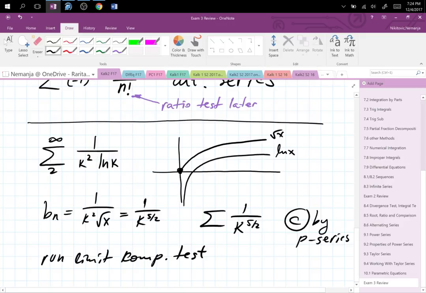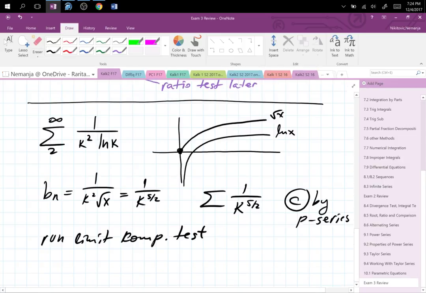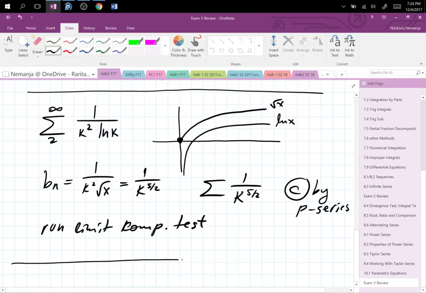But before you do anything, guys, on this, now obviously if the problem says use integral test, that's the end of the story. You're using integral test with all of the proofs and everything else. But you are going to have at least 5 problems with series that says converge or diverge.